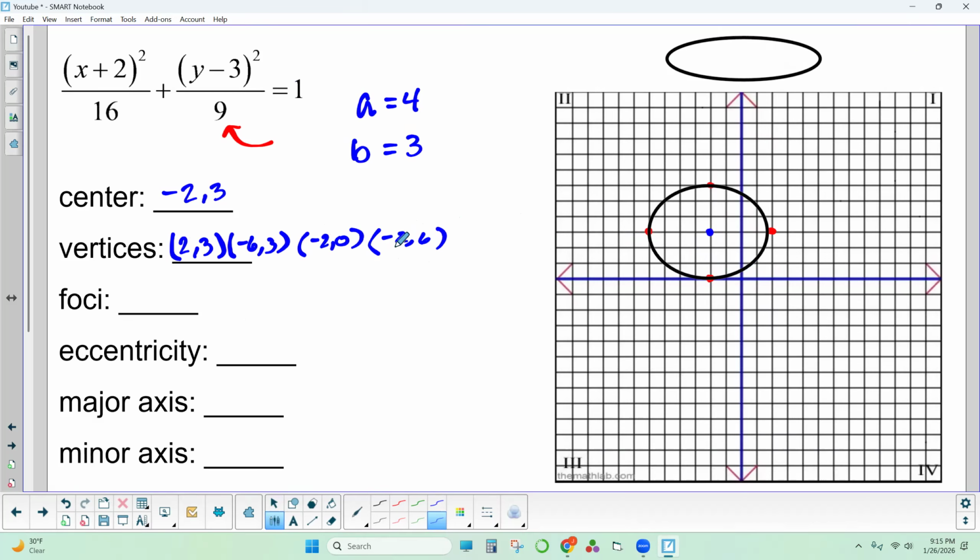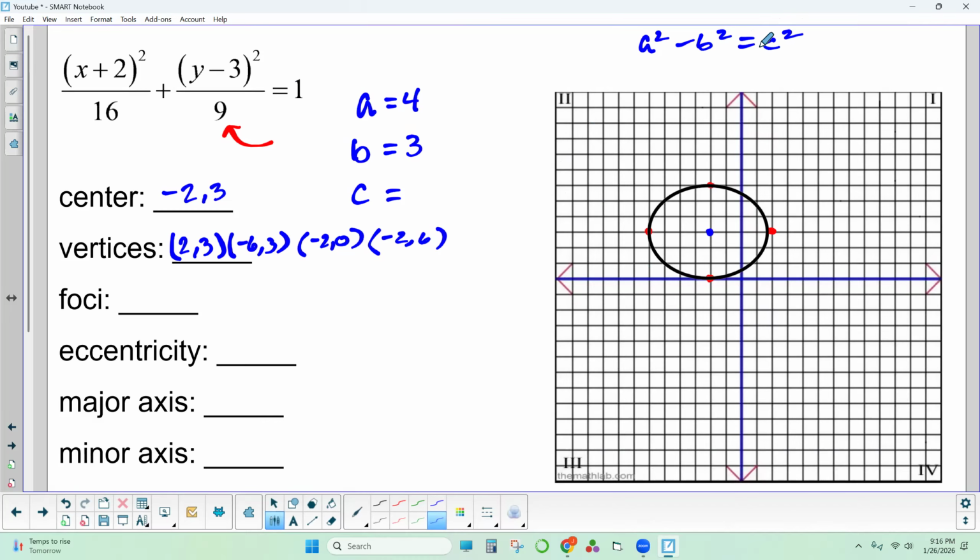Major vertices, co-vertices. Okay? Now, to find the foci, we have to find c. Okay? Now we know a and b, we've got that here, but we do not know c. So that's where our focal equation comes in. All right. It's a squared minus b squared equals c squared.